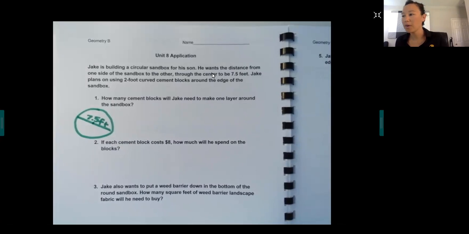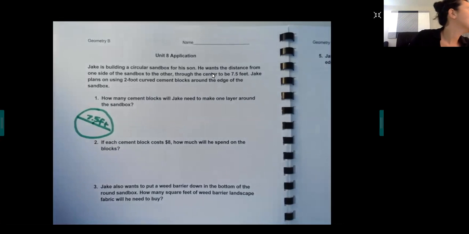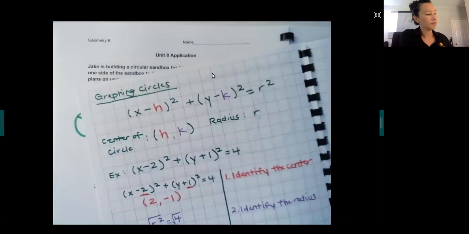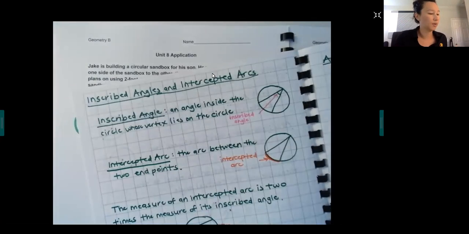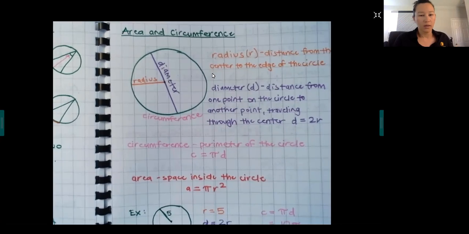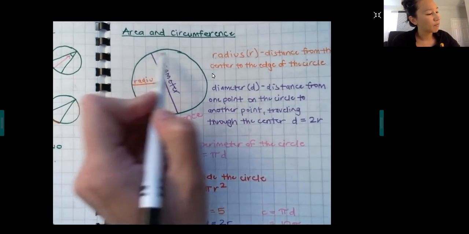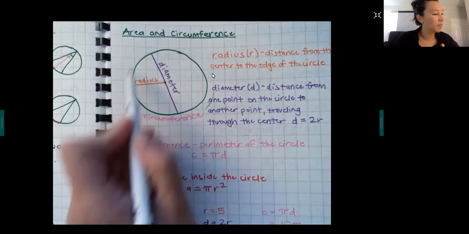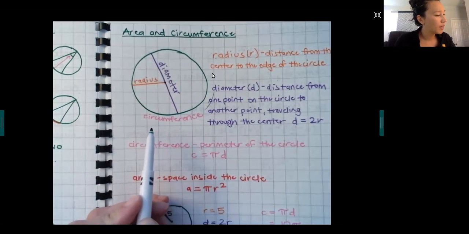If you remember in your notes, it's been a while, so review everything. Remember, we're looking for the circumference, so the distance around the outside of the circle, because he's going to be layering the perimeter of the circle with the bricks.